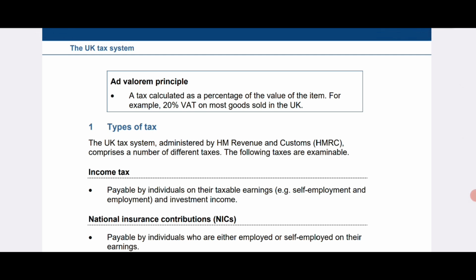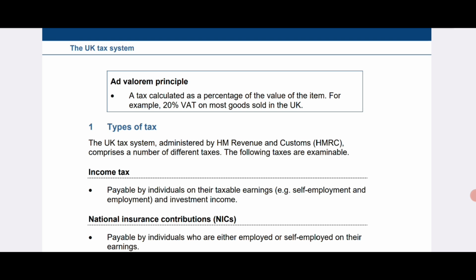There is another term, the ad valorem principle, which says a tax is calculated as a percentage of the value of the item. For example, 20% VAT is constant for whatever you buy. They charge 20% on most of the goods sold in the UK.